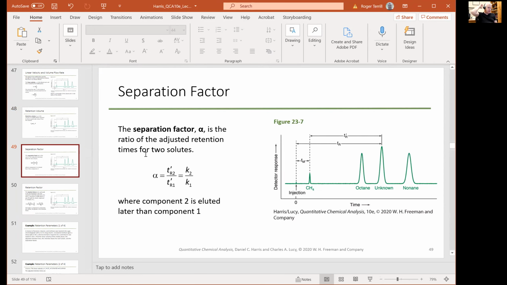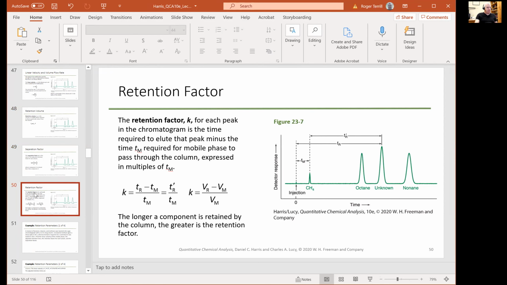Then there's alpha here, which is the relative T prime values. It's the separation factor. And it also happens to be equal to the ratio of the partition coefficients K. So let's just look at this more carefully.